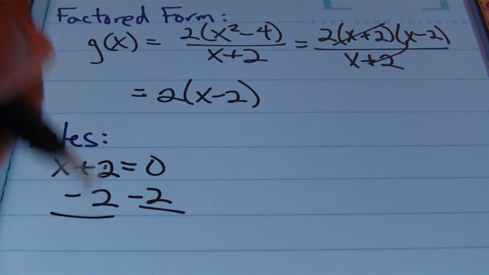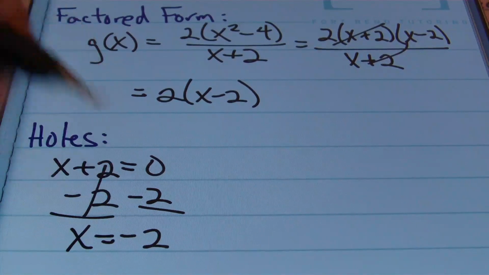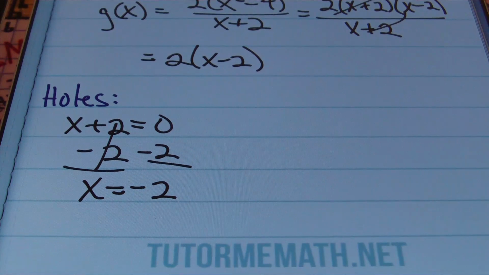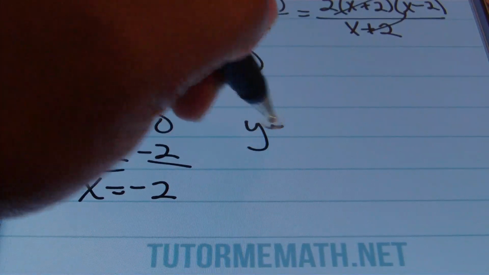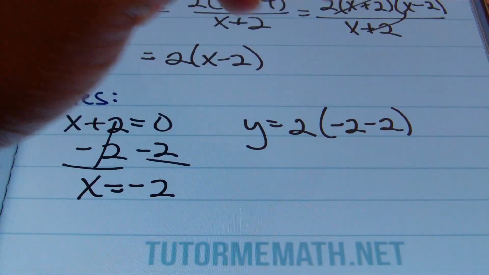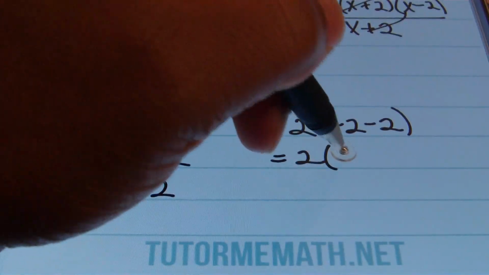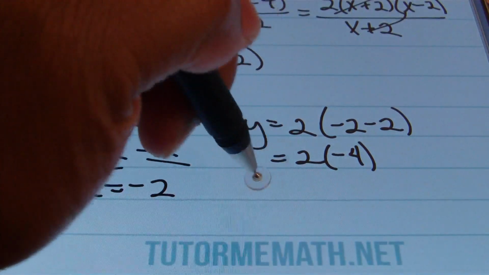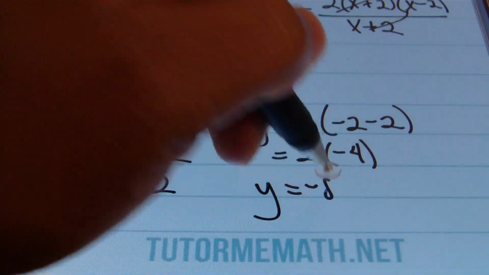Subtracting 2 from both sides, you'll end up with x equals negative 2. To find the y value of your hole, plug this negative 2 into the simplified form of your function, 2 times the quantity of x minus 2. So y equals 2 times negative 2 minus 2, which gives us 2 times negative 4, and 2 times negative 4 gives us a y value of negative 8.